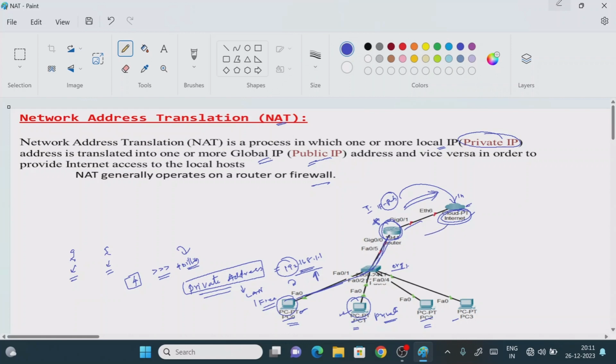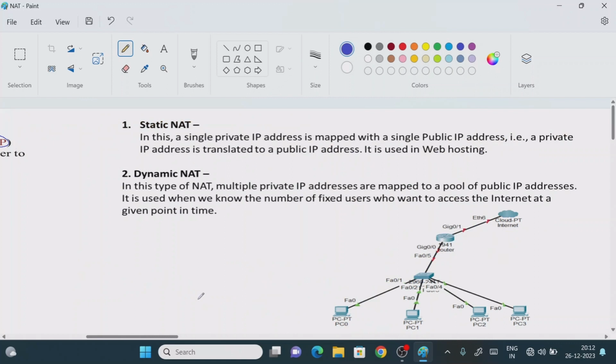Once it is completed, the information comes back to the router or firewall, where the public IP address is converted back into the private IP address, so the packet reaches the private network. This is how the conversion is done, and that is what we call network address translation. NAT generally operates at the router or firewall.